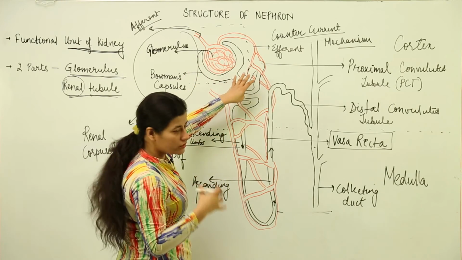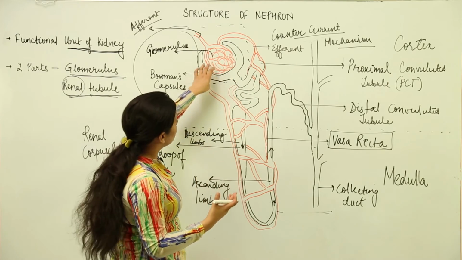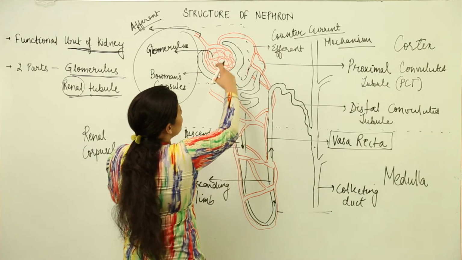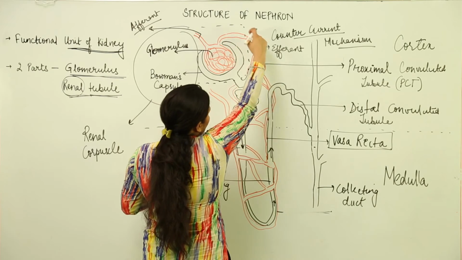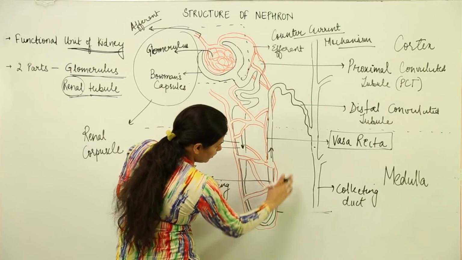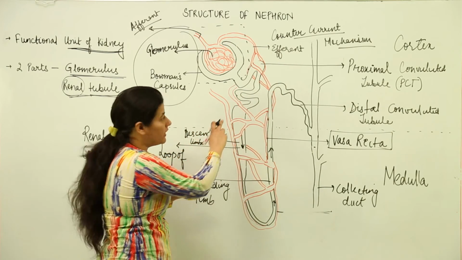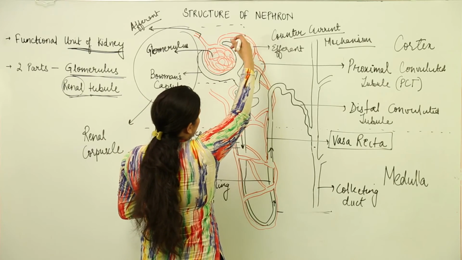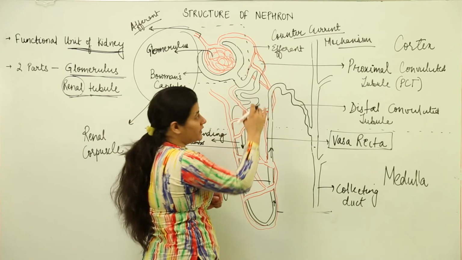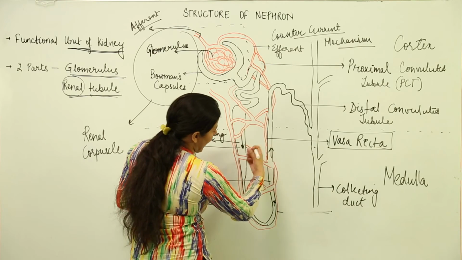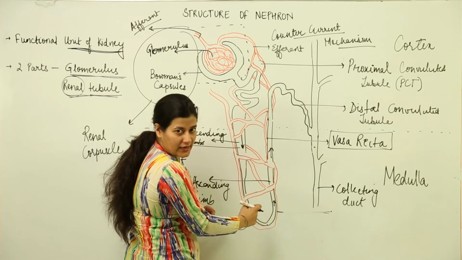The ultrafiltrate, not urine exactly, was thrown into the PCT, and the remaining blood came out from the efferent arteriole and again it convoluted itself around the loop of Henle. Now this blood, which is devoid of the maximum water content, it would take up the water back from this loop of Henle. Alright.